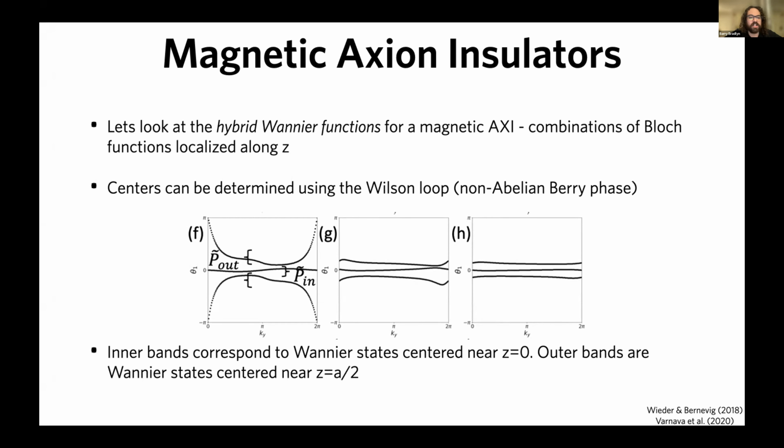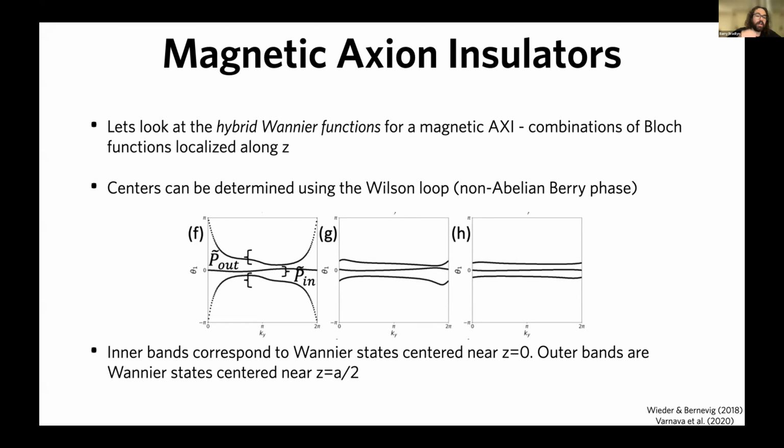And I've plotted here, as a function of ky for some different kx, the values of e to the 2 pi i R sub n that I get for this magnetic axion insulator. And what you find is we get 3 hybrid Wannier functions. One of them has a center that's localized around the inversion center at z equals 0.